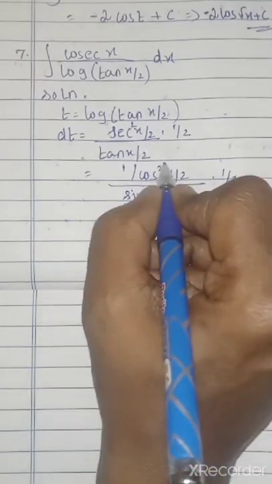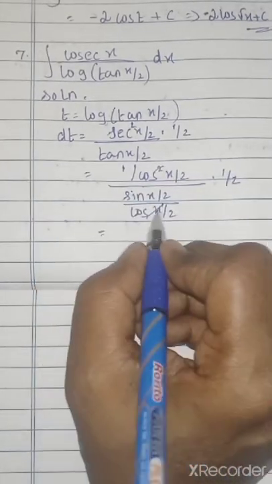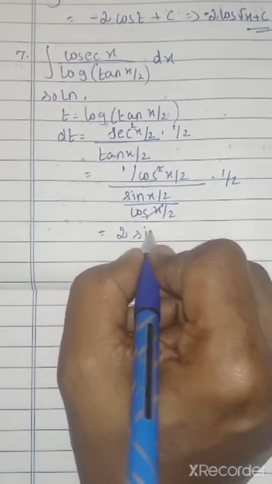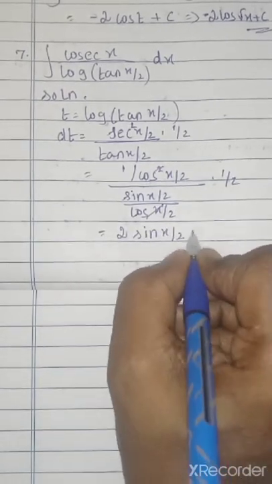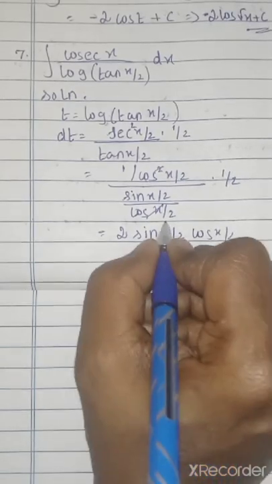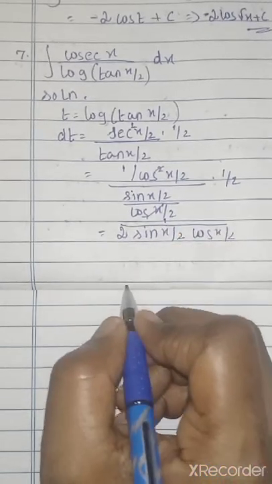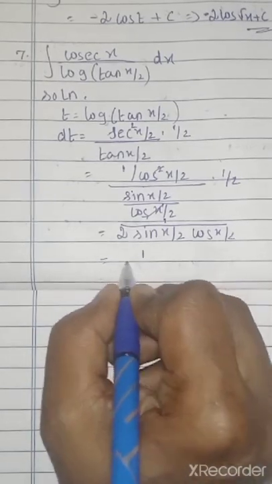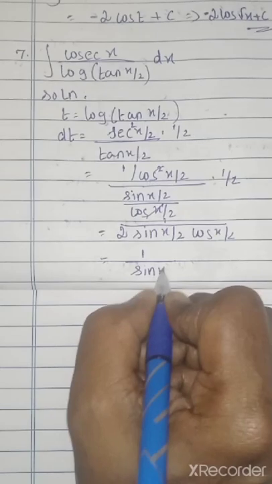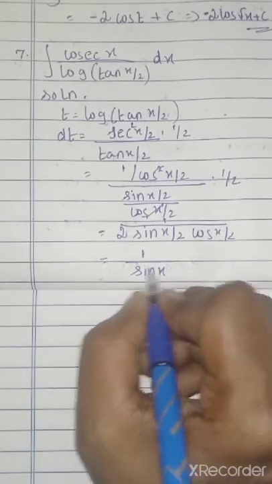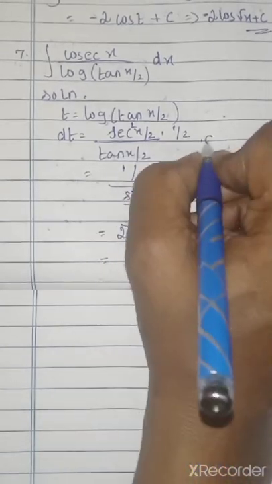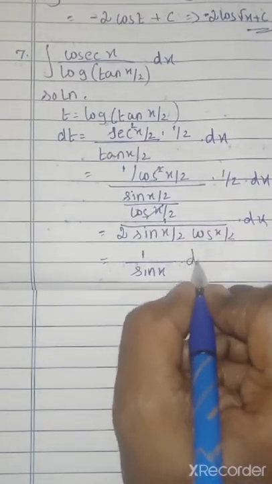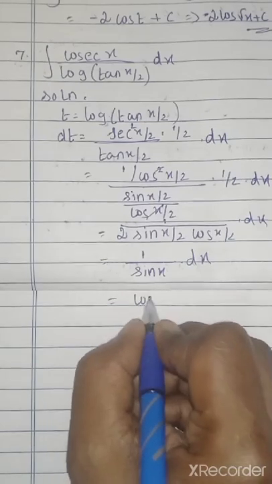So this square will get cancelled, and you will get 1 by 2 sin x by 2 into cos x by 2. We have the formula, so this is 1 by sin x dx. So 1 by sin x is what?